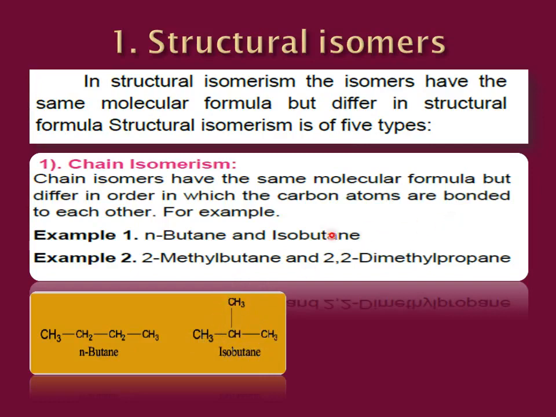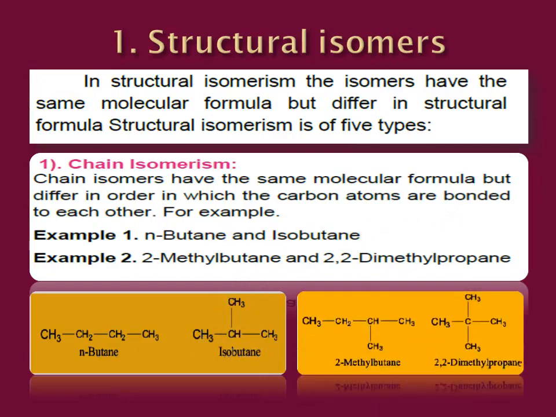The next example of chain isomerism is 2-methylbutane and 2,2-dimethylpropane. These two are isomers of each other. As you can see, 2-methylbutane, or we can say isopentane. Iso means one carbon atom will be attached to the chain on the second carbon atom.